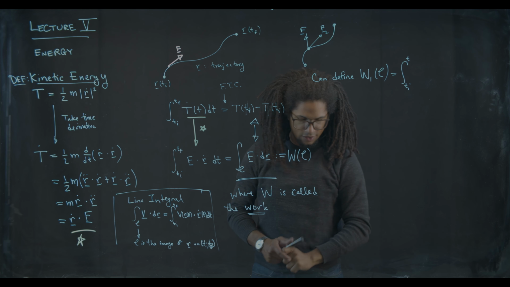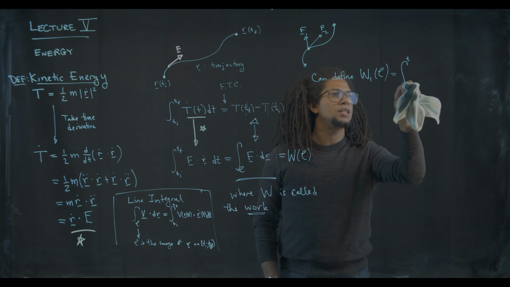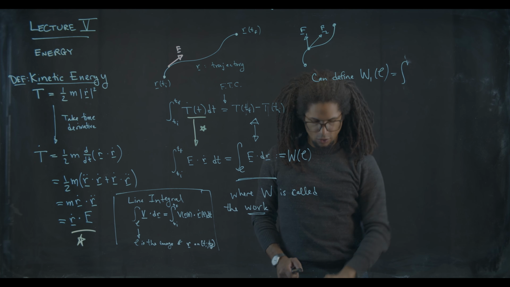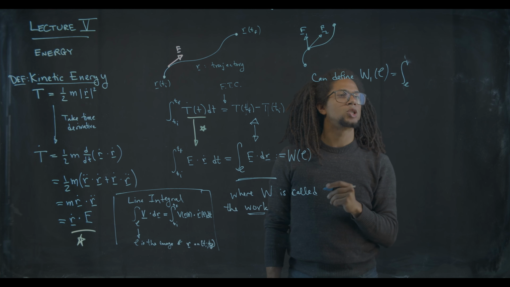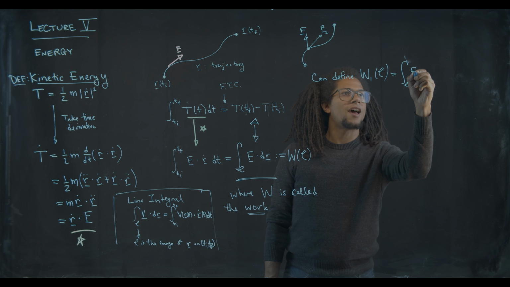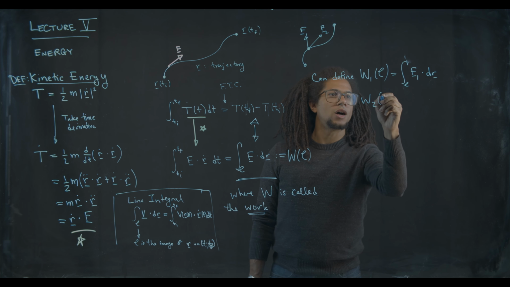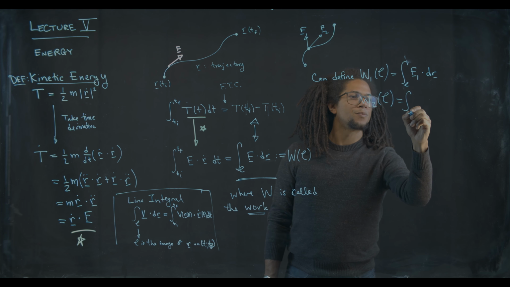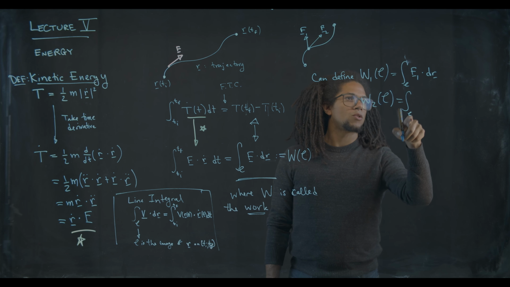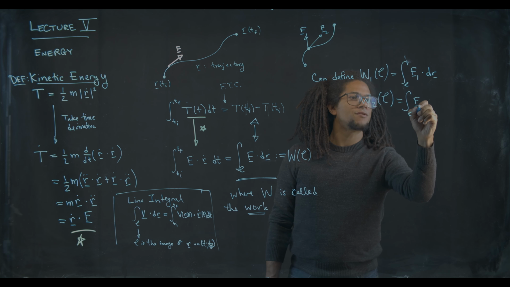And in fact, let me drop that notation and just use the C notation. The integral along the image C of F1 dot dr, and W2 of C to be equal to the line integral along this image of F2 dot dr.